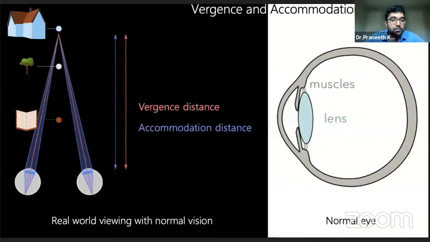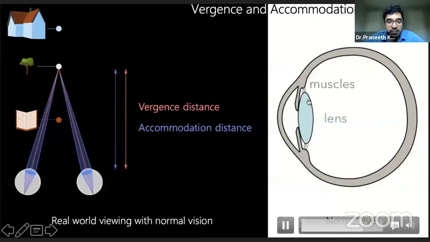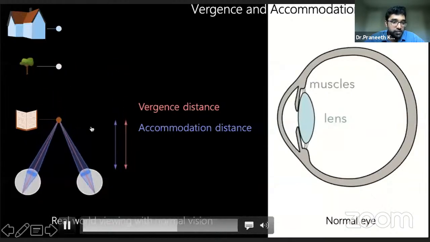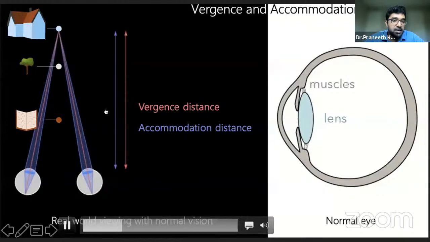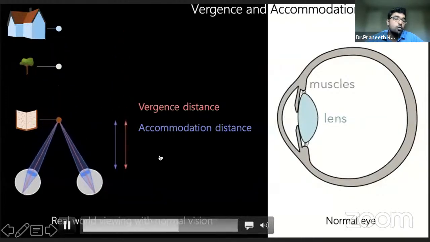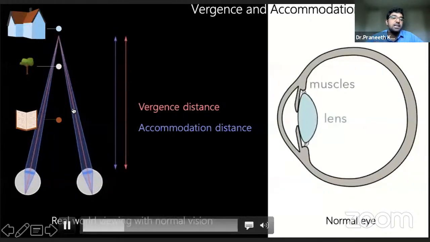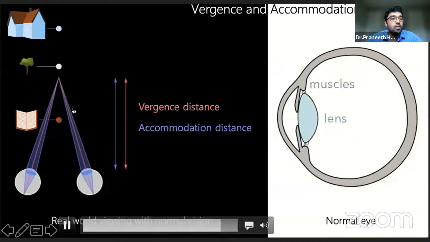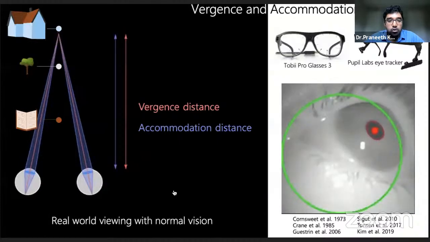As we reviewed, for a normal eye, the eye's crystalline lens changes its power as the eyes roll to different objects, right? And I said that the vergence and accommodation go hand in hand. So at any given time for a person with normal vision, the vergence distance and the accommodation distance are neurologically coupled.